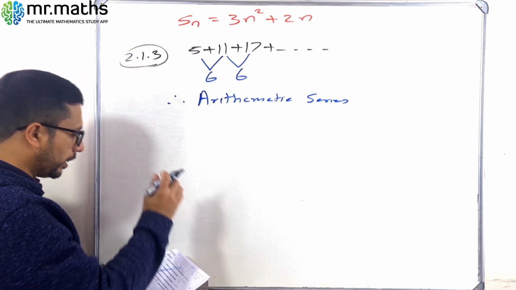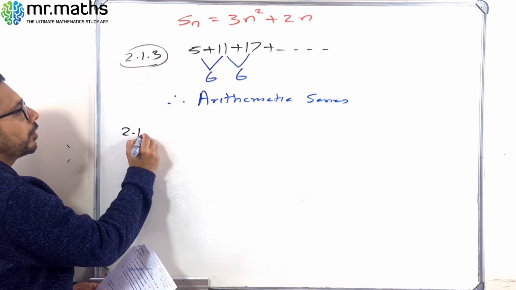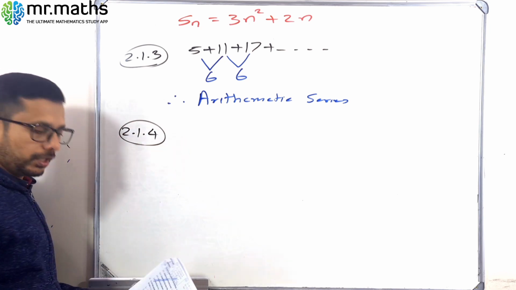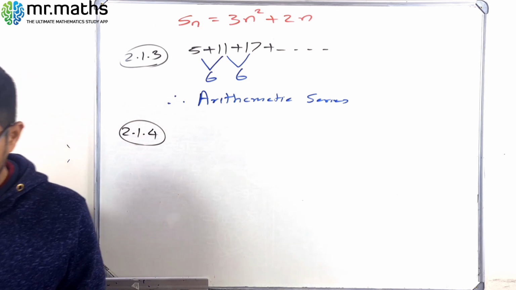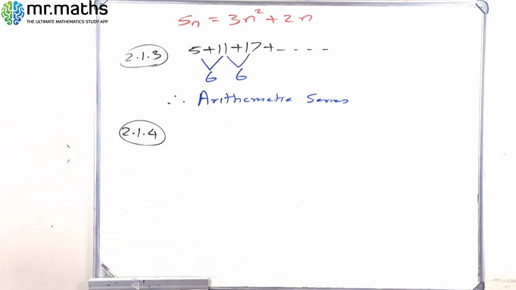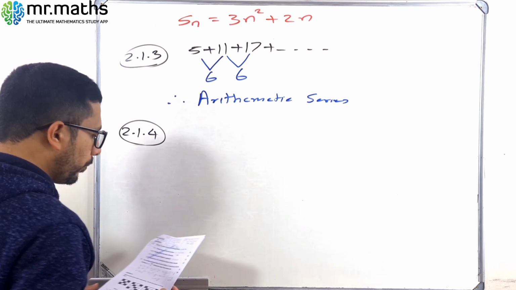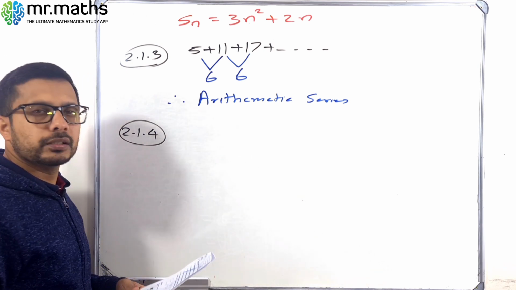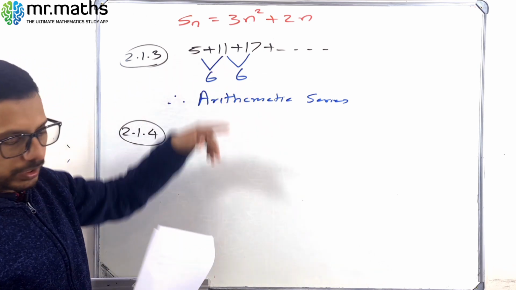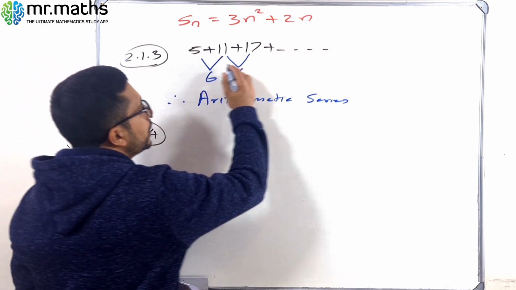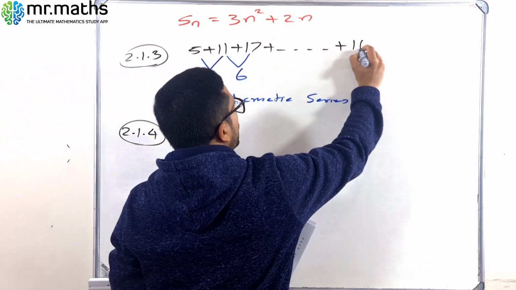Now let's move to the next question, 2.1.4. Okay. So what is that question? If the last term is 161, calculate the number of terms in the series. So in this series, they are saying that the last term is 161.